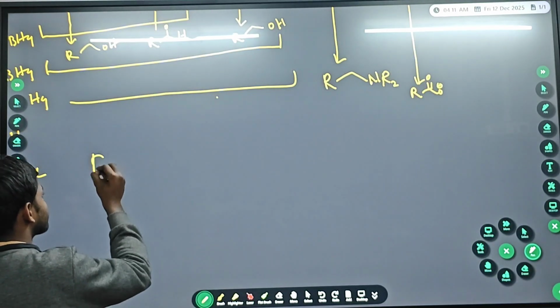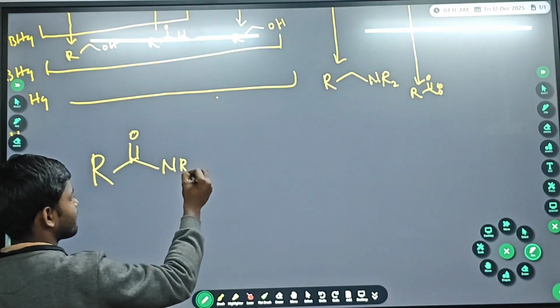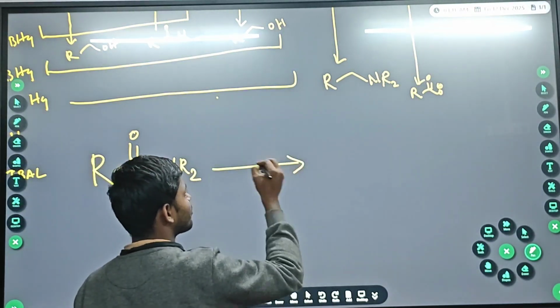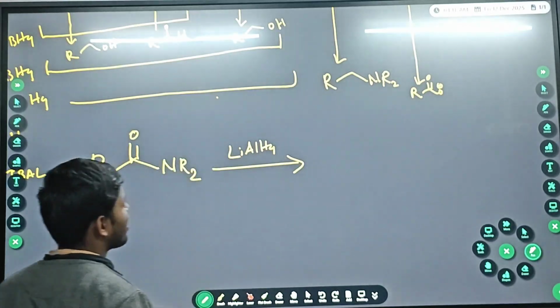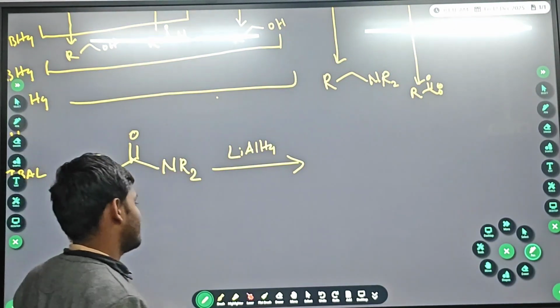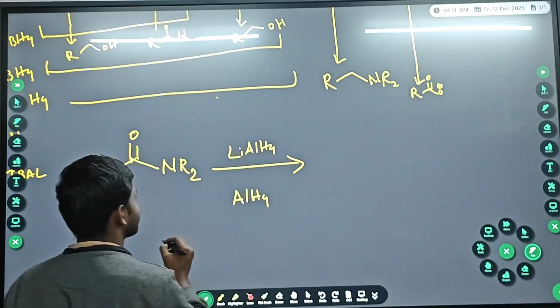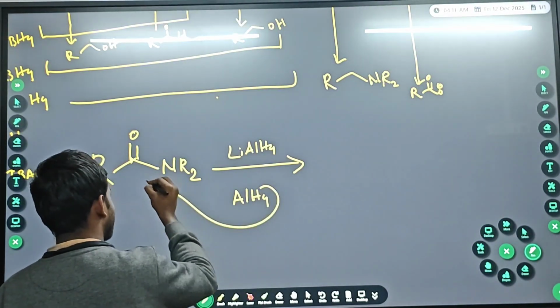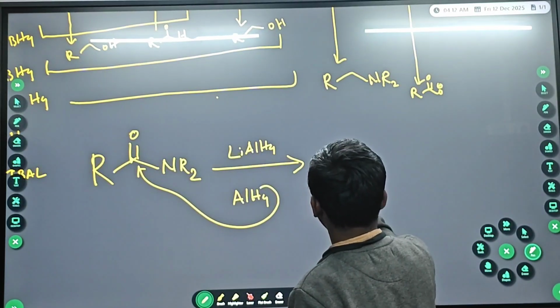So this is the amide, and it reacts with lithium aluminum hydride. How does this happen? Let's say AlH4 minus will attack on that carbonyl center as we saw previously.